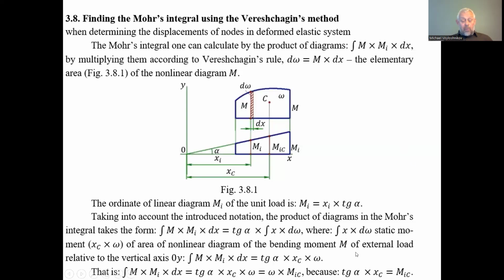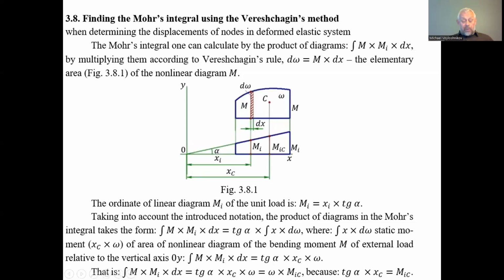So after mathematical transformation, we can find that the product of the diagrams is actually the integral of the product of two diagrams: the bending moments of the element of the mechanical system under the action of the external load by the bending moment of the same element under the action of the unit forces, usually linear.